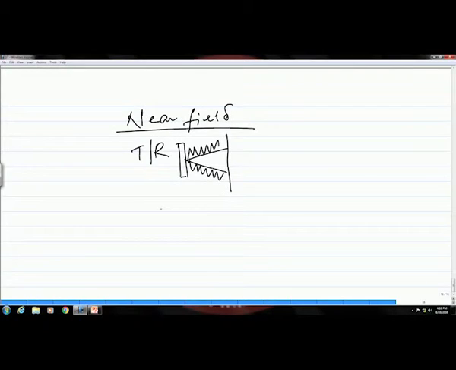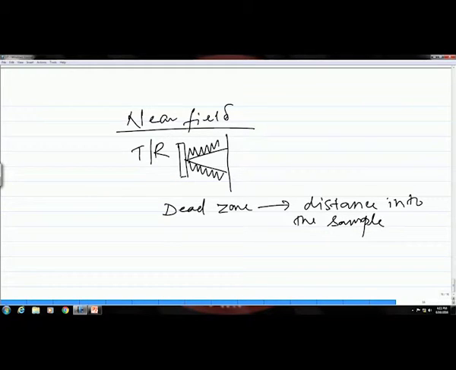Okay. So, that particular distance is known as dead zone. So, this is a distance into the sample which cannot be inspected due to the near field fluctuations.